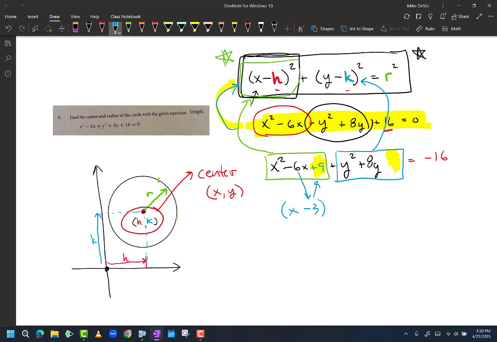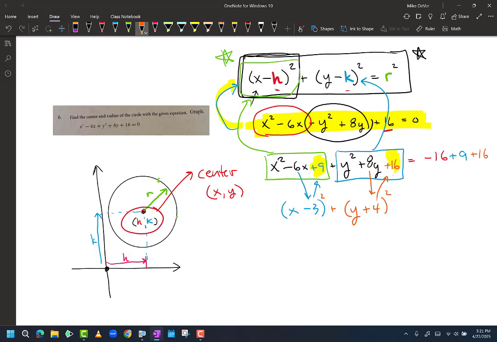If I put a plus 9 on this side of the equation, I have to put it on this side. Now I'm going to go over to this square here. This one is going to be y, cut it in half, 4, and then when we square it, plus 16. But I have to put that plus 16 over here.